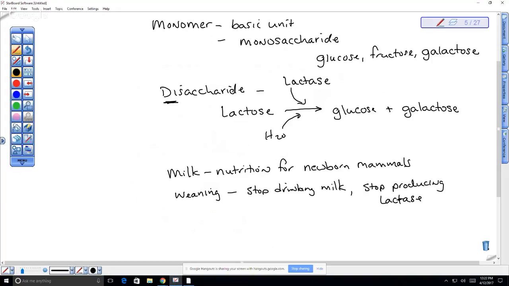However, it's kind of interesting because when we look at human populations, there's one major group that seems to have the ability to digest lactose even as adults. And so in humans, the ability to digest lactose is dependent upon the population in which you are from.